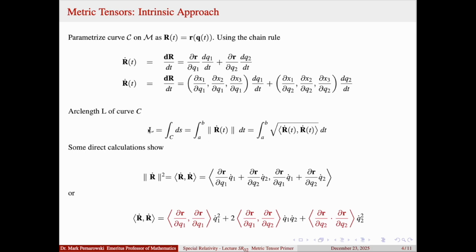So the length of the curve from one time A to another time B is: you take r dot, you find its magnitude, Euclidean magnitude in this case, which is given by taking the dot product of r dot with itself, and then taking the square root, and that's exactly what this norm here is.